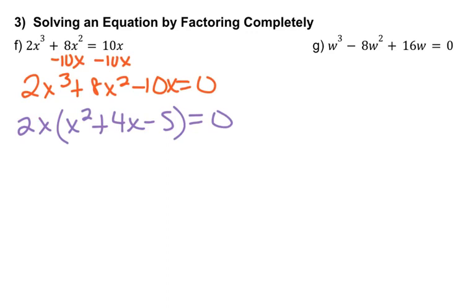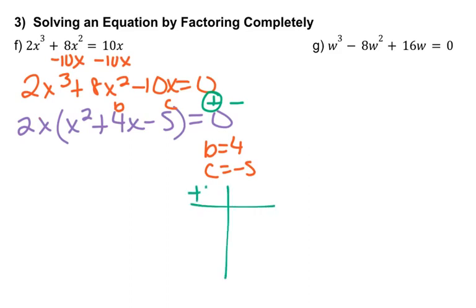Now let's see if I can factor. So this is my b and this is my c. So my b is 4, my c is -5. So that means I need a positive and a negative. And my bigger number needs to be positive because my b is positive. So 4 and -5, that would be what?